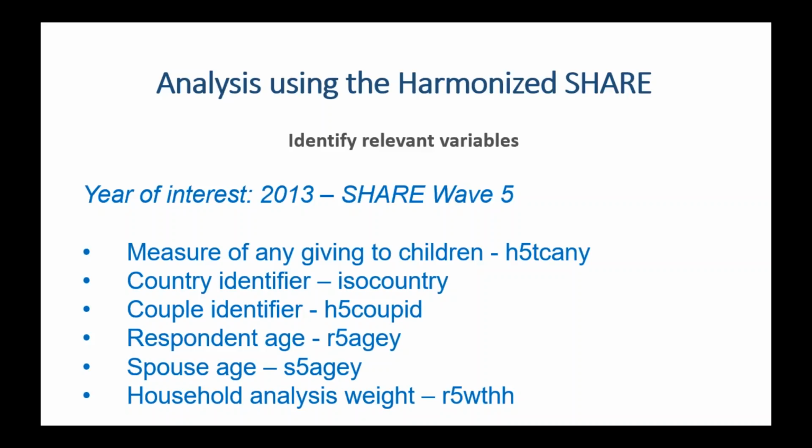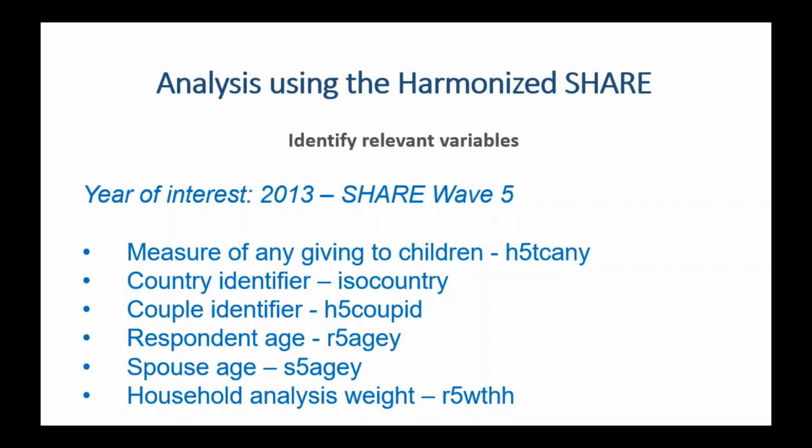So each respondent is one observation in the data set. Of course, when we're talking about giving to children, this is usually considered a concept that a couple does. So we want to be able to know who is one couple or an individual who is single. So we have a couple identifier to make sure we're not counting people twice. We can talk about that more.